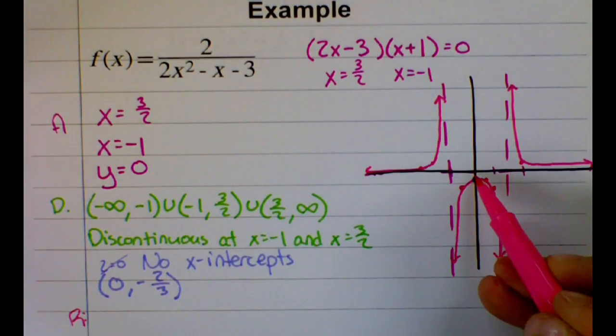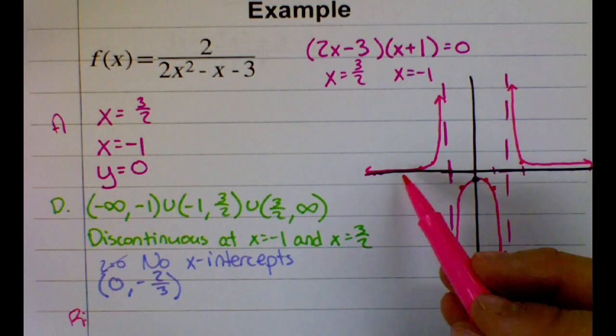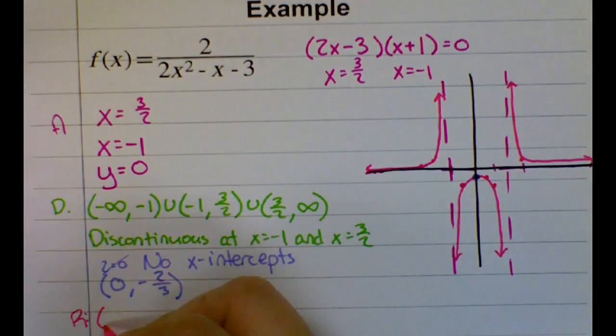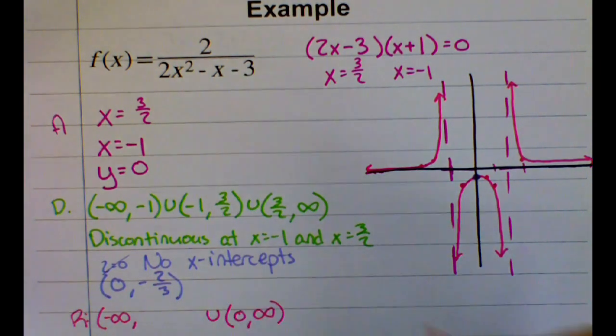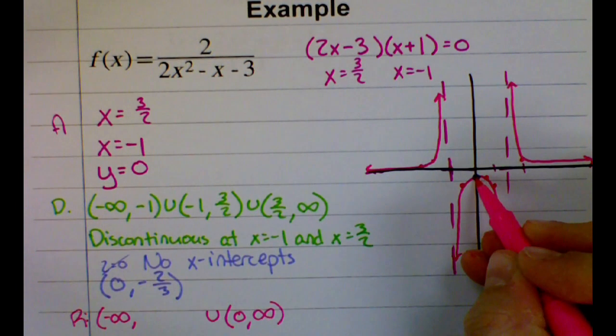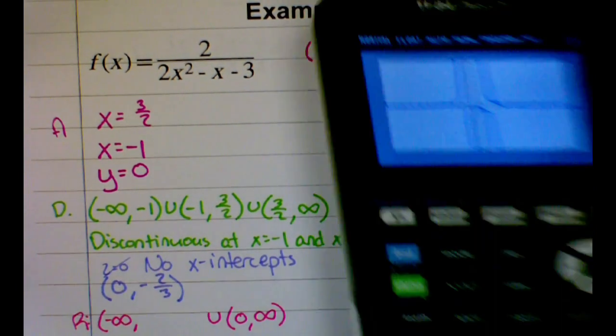The range does have a small gap in here. Obviously negative infinity to something. We can't actually hit 0, up to infinity. It's not this point here. It's not the y-intercept because it went up and back down there, but it's very hard to see.